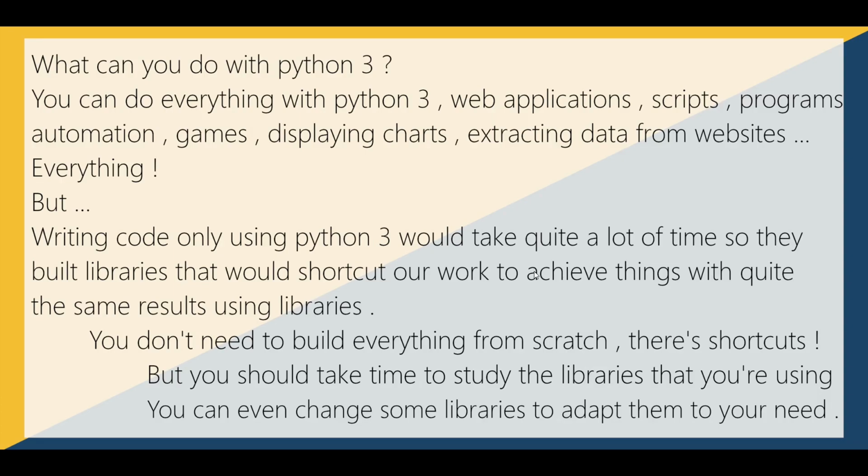They make the work easier for us, the programmers, because they care about the final result. So you don't need to build everything from scratch. There are shortcuts, okay? But you should take time to study the libraries that you are using. You can even change some libraries to adapt them to your needs. Those are in general the open source libraries or the libraries of the company that you are working with.